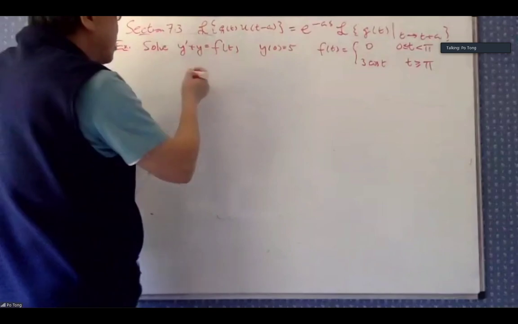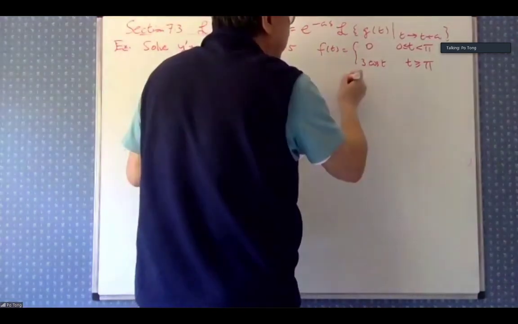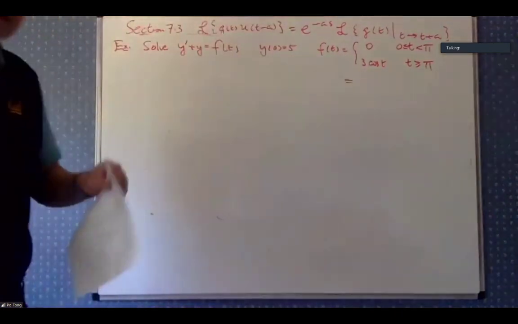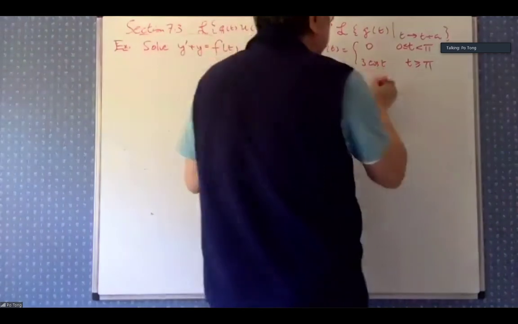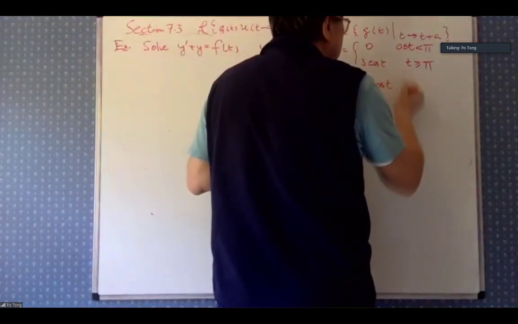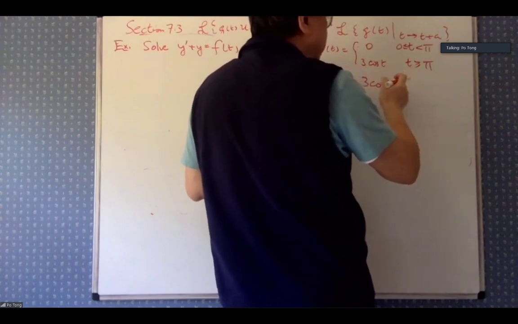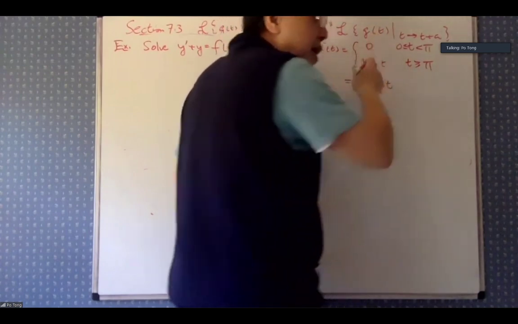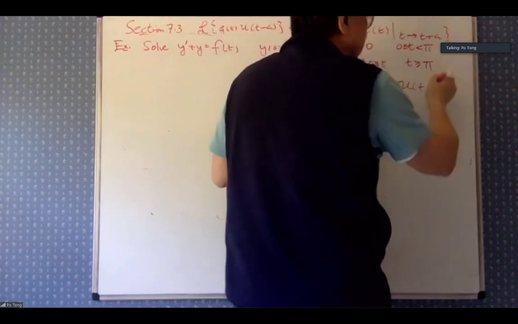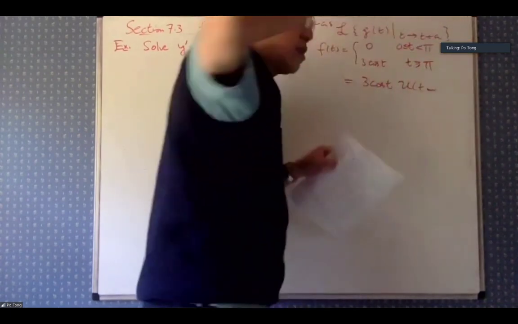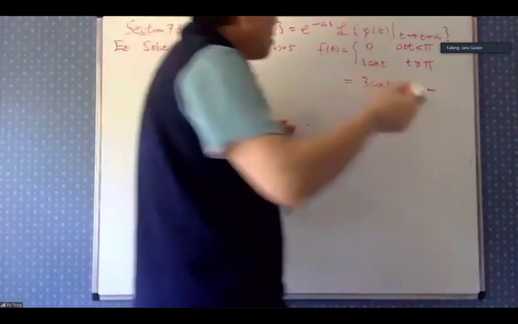So basically, what is this? I'm writing this in another form, in one compact form. This will be cosine 3t times what? We have to zero out the cosine 3t at the beginning. That means you multiply this by u(t minus pi).